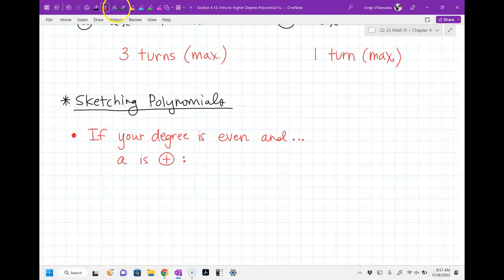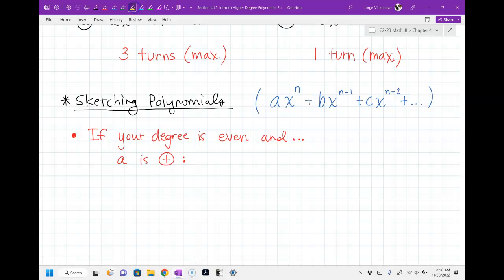So what do we mean by A being positive? Well, I'm going to write it right next to where it says sketching polynomials. A function is normally written maybe something like this: ax to the n plus bx to the n minus 1 plus cx to the n minus 2, etc. This is just a generic form of writing it.